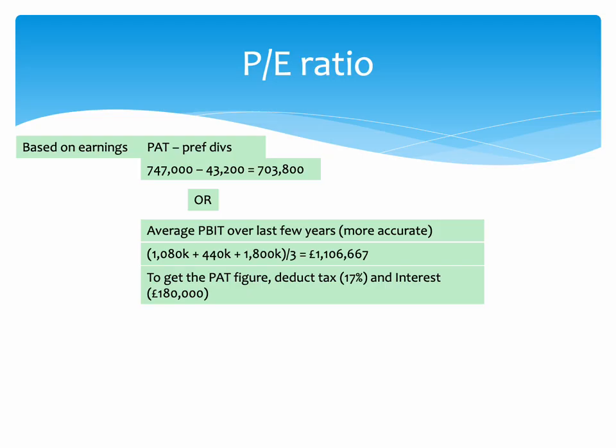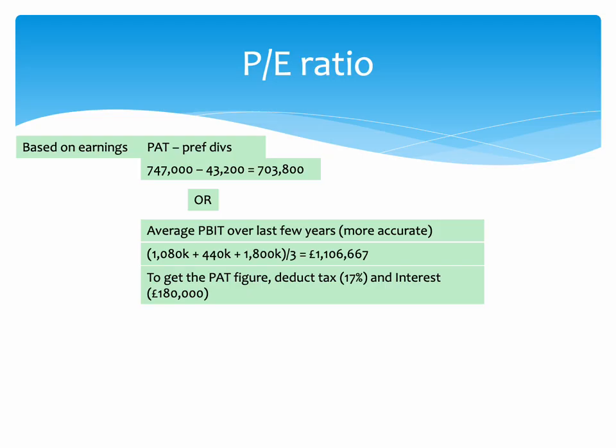Now what I would say is, to get this to work, you're going to have to assume that the interest has stayed constant for the last few years. So we're going to assume the debentures have been there for the last few years, paying the same rate of interest. The other thing is, don't forget you've got to do this in order, because the interest is going to be tax deductible.